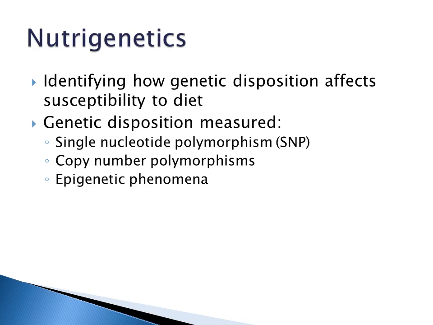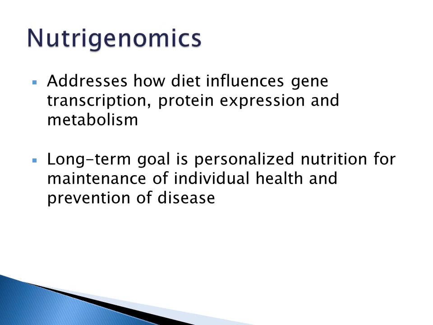Nutrigenetics is identifying how genetic disposition affects susceptibility to a diet. Genetic disposition is measured in single nucleotide polymorphism, copy number polymorphisms, and epigenetic phenomena. Nutrigenomics addresses how diet influences gene transcription, protein expression, and metabolism.